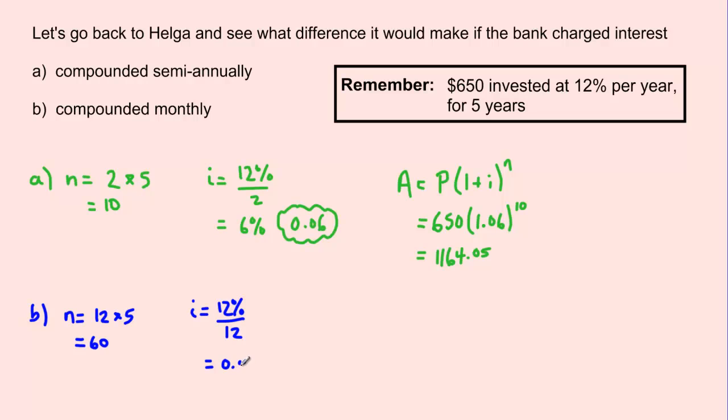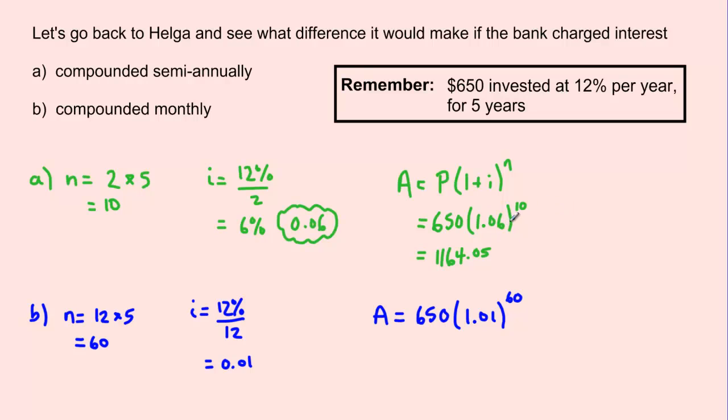And I'll just write that as a decimal right away. So our amount will equal the principal, $650, times our interest rate of 1.01, or 1%, but 60 compounding periods.